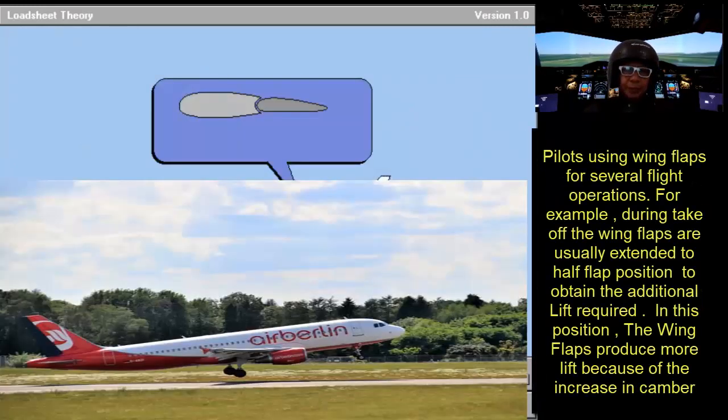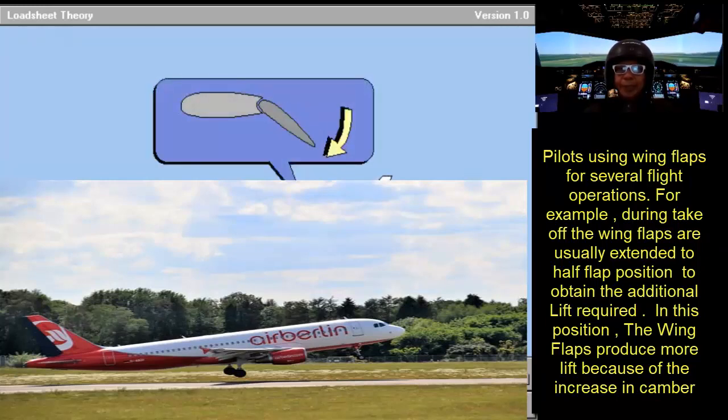Pilots use wing flaps for several flight operations. For example, during takeoff, the wing flaps are usually extended to half flap position to obtain the additional lift required. In this position, the wing flap produces more lift because of the increase in camber.